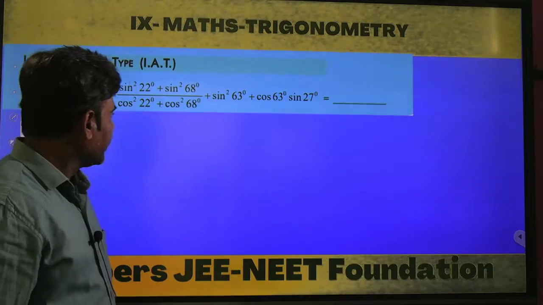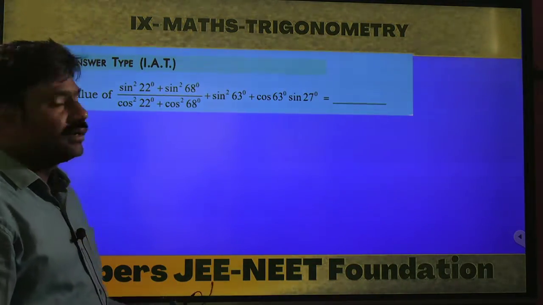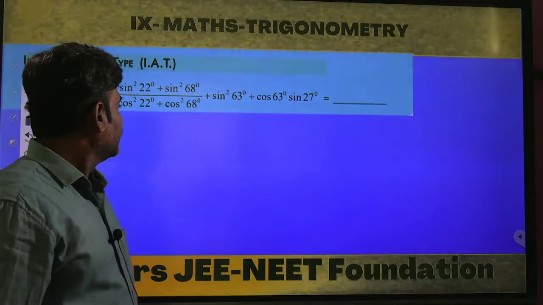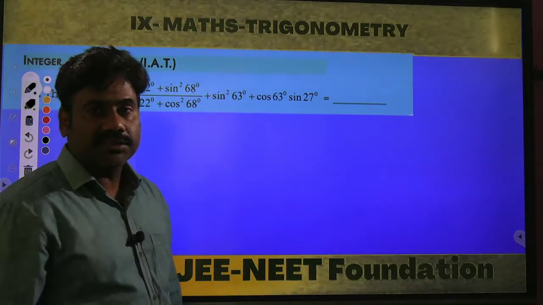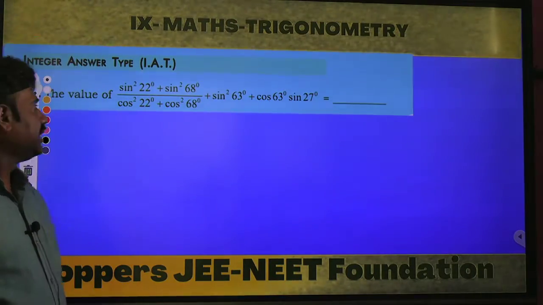Okay, we can find the value of the given question by using complement angle concept, means sin of 90 degrees minus theta is equal to cos theta, cos of 90 degrees minus theta is equal to sin theta.